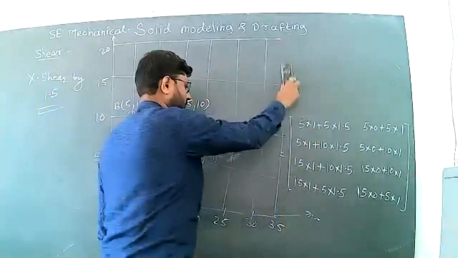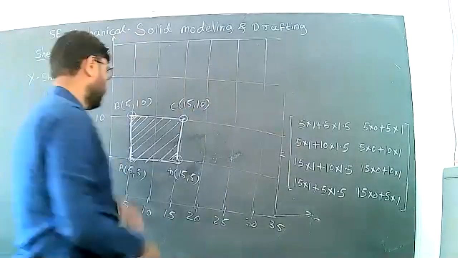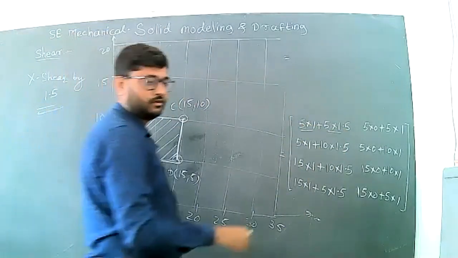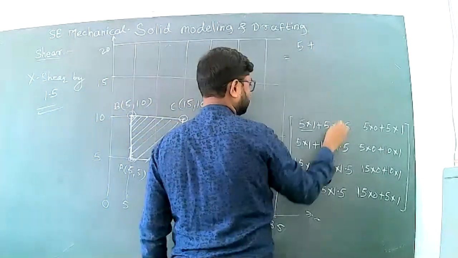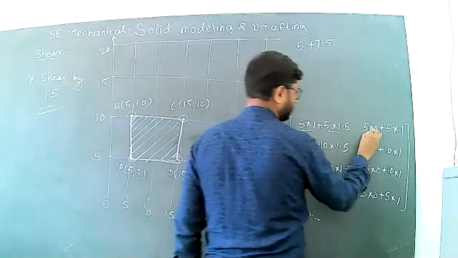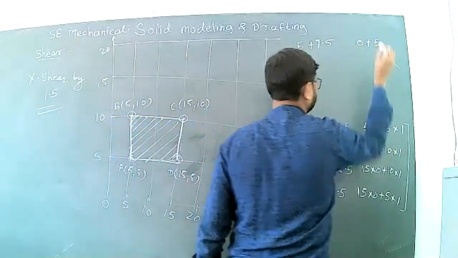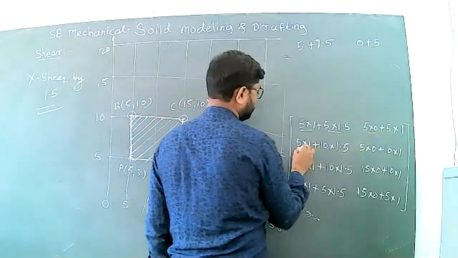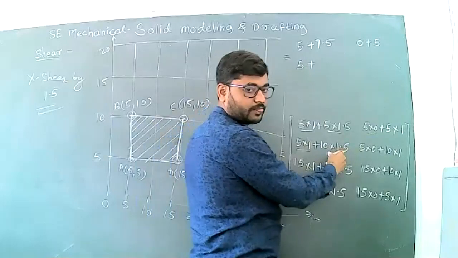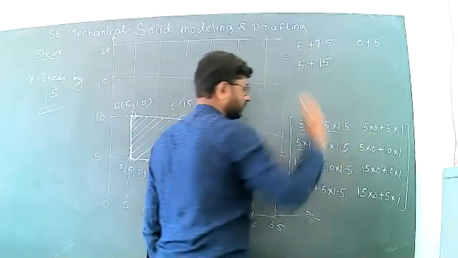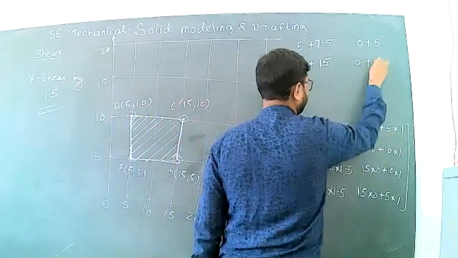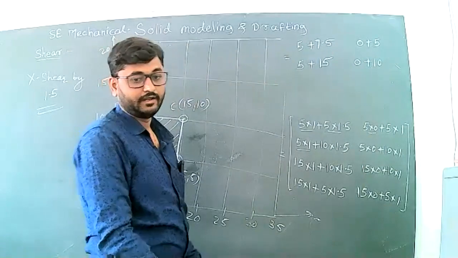Finally, 5 into 1 plus 5 into 1.5 is 5 plus 7.5. 5 into 0 is 0, plus 5 is 5. Then 5 plus 10 into 1.5, that is 5 plus 15. 5 into 0 is 0 plus 10 into 1 is nothing but 10.